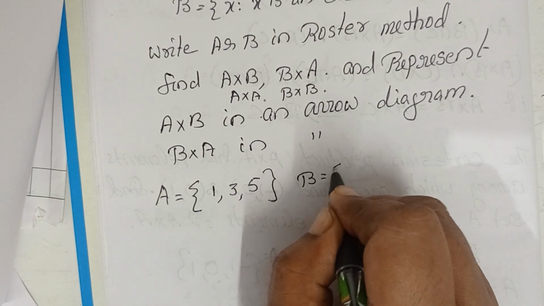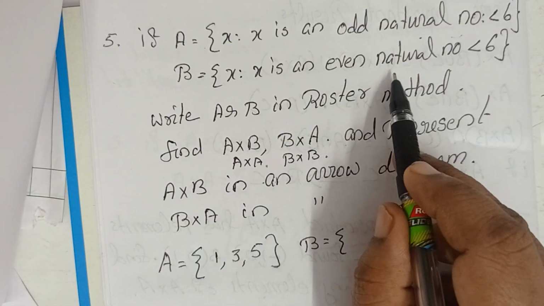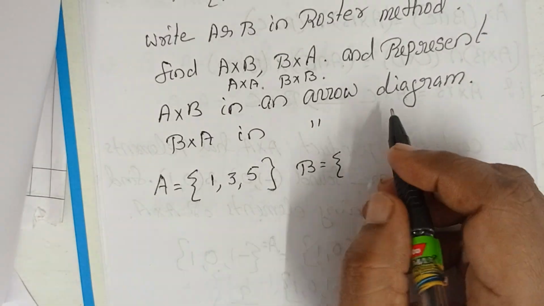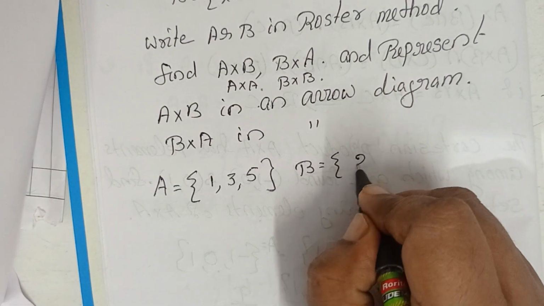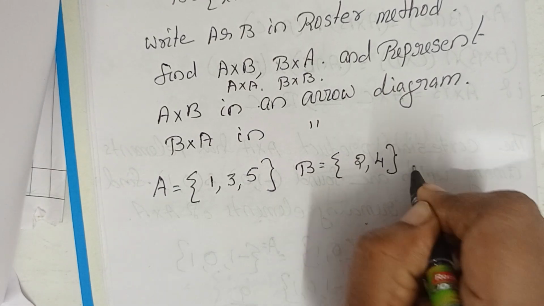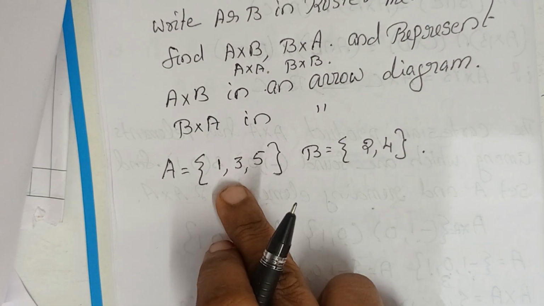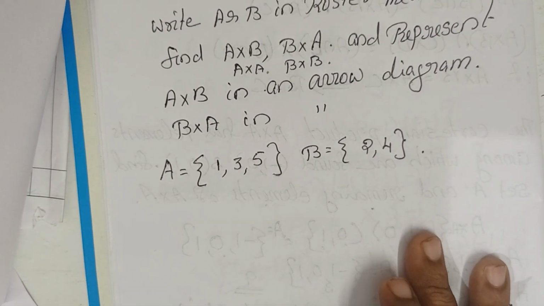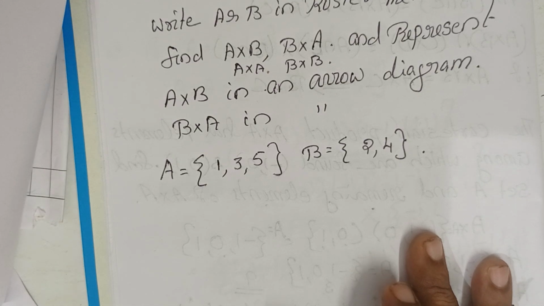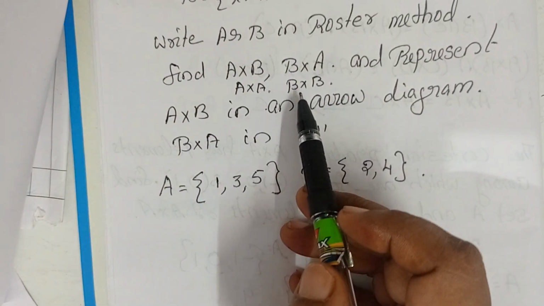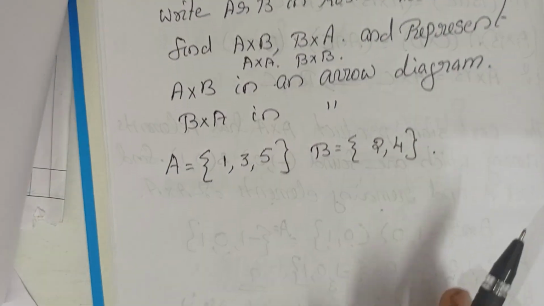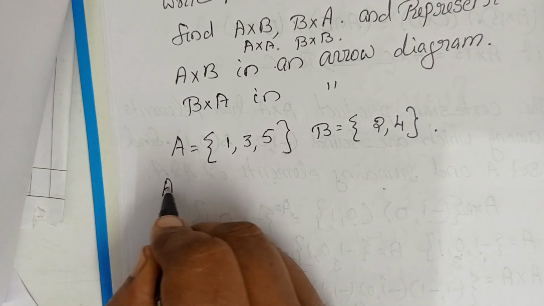B is equal to the set of even natural number less than 6. ആരൊക്കെയാന്ന് പറഞ്ഞു തന്നെ മിസ്സിന്? 2ഉം 4ഉം അല്ലേ? That is the first 2 questions. എത്ര പെട്ടെന്ന് നമ്മൾ എഴുതി കഴിഞ്ഞു. A and B in roster method.